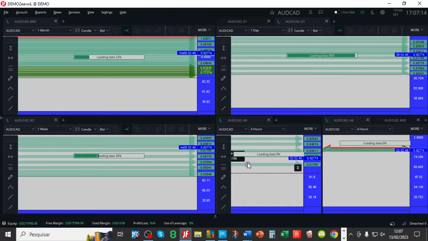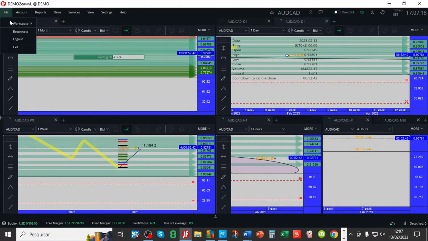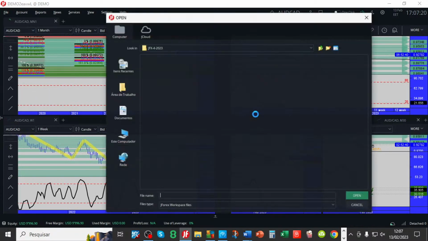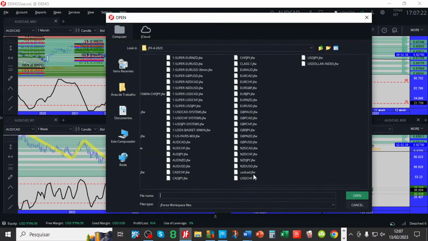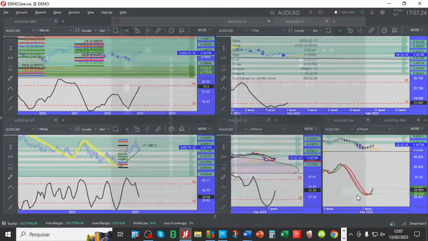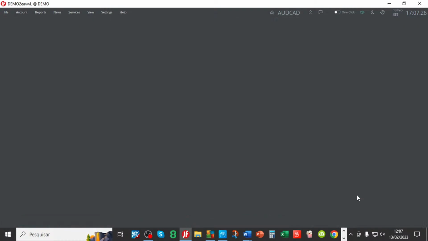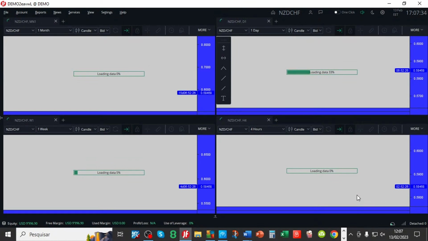Then you go on open and you go on NZD-CHF, and it's going to open the 4 charts again. Make sense, everybody? You should have the currency pairs of your choice. I have 26 of mine, and when you click on those, the 4 charts should open.